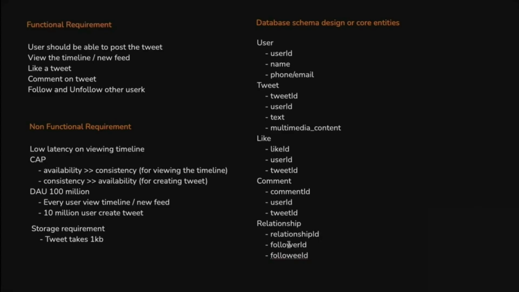So now we have two users defined here. These are foreign keys for this relationship entity, and these IDs are basically the user IDs, which will be the primary key for the user table. Let's say we wanted to find, for this user ID, how many followers.